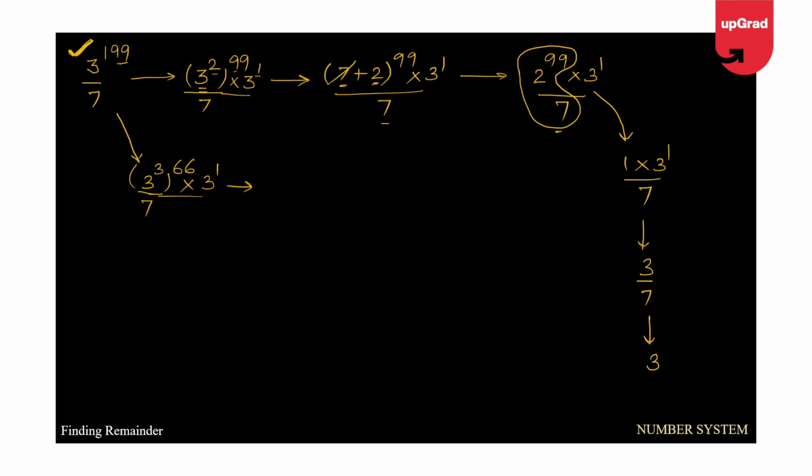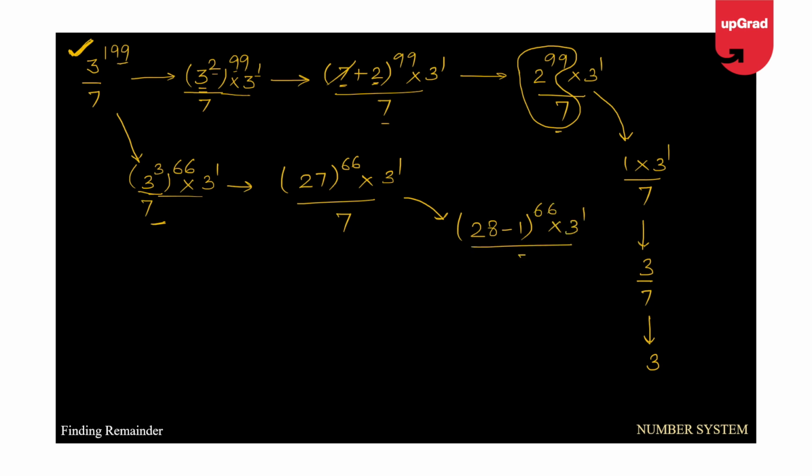Now let's take it this way. So 3 cube is 27. So just for the sake of better clarity, I would write it this way. Now 27 can be written as 28 minus 1 to the whole power 66.